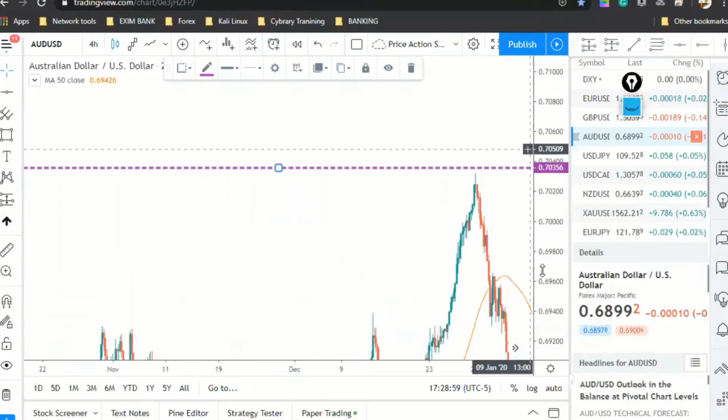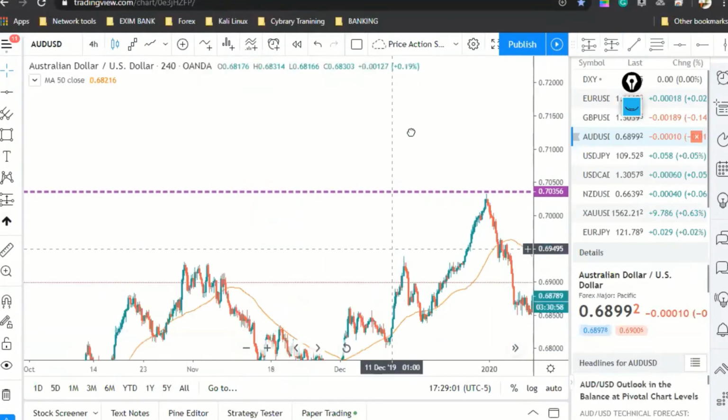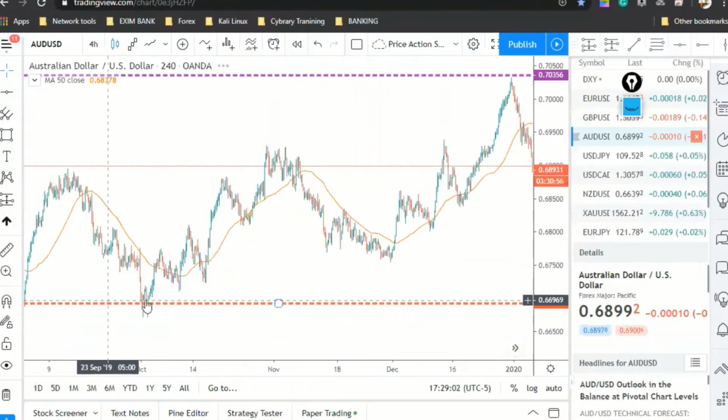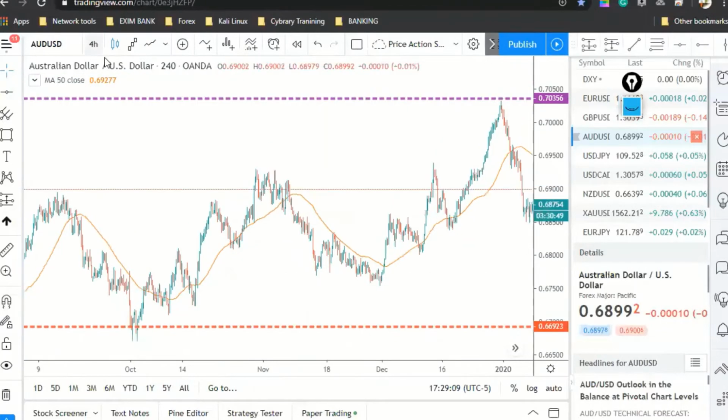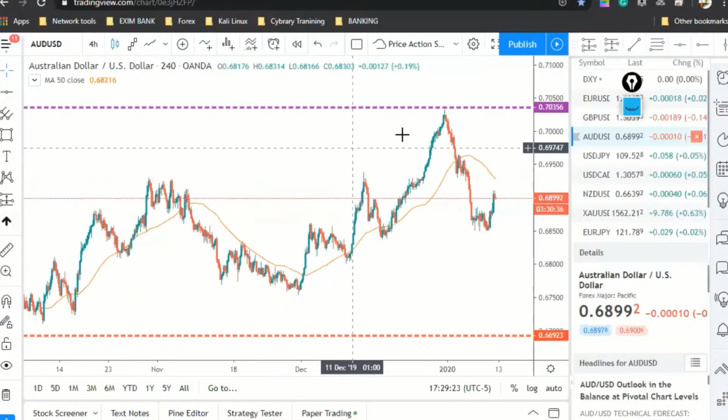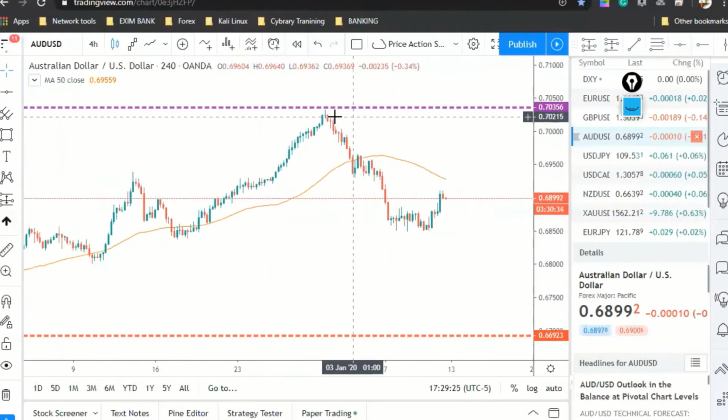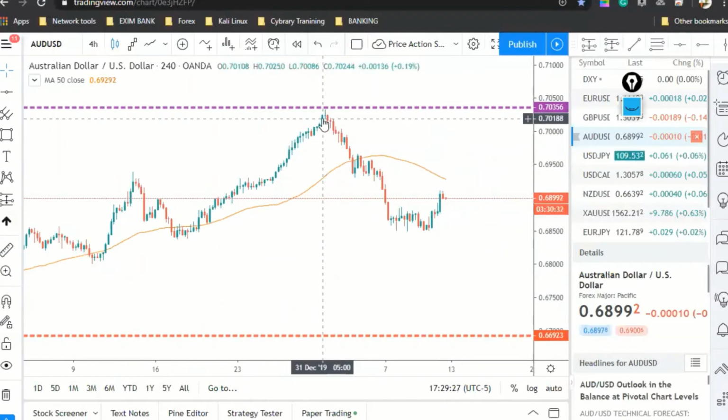we waited. Price was all the way down here from October, at support. And based on the fact that we placed our support and resistance line on the daily chart, and we're now on the 4 hour chart looking for an entry, price manages to make its way to resistance December 31st.